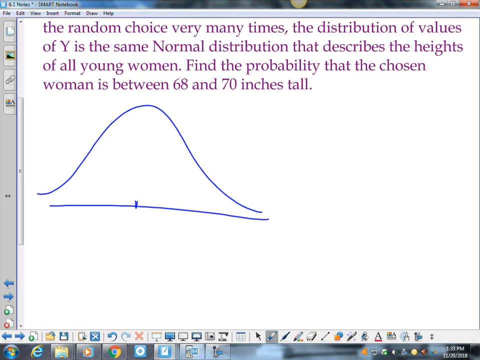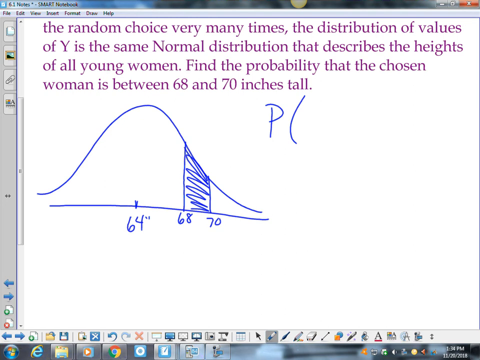What is your mean? 64 inches. What are we interested in? So I slice my distribution and I shade it in just like I did on the rectangle. This just happens to be a normal curve, not a block. So I am finding the probability of what?